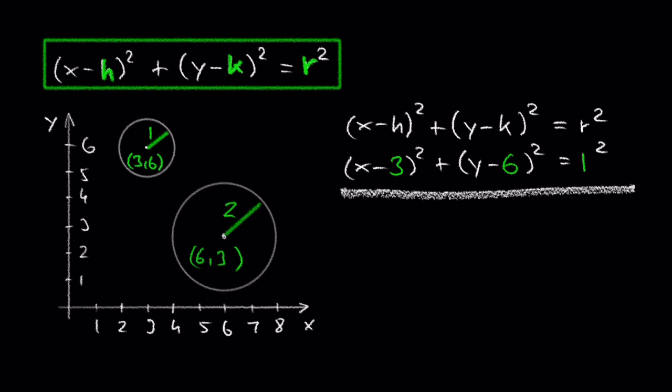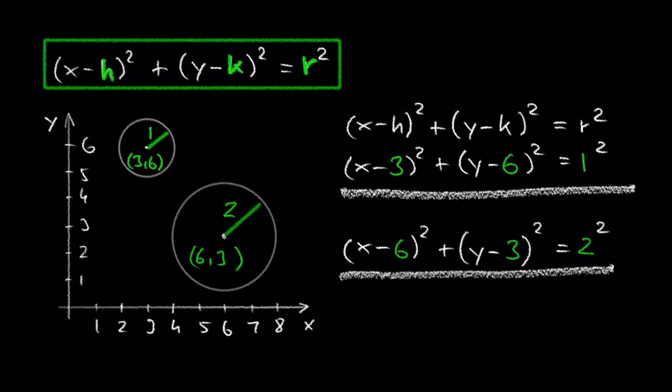So the standard equation of this circle is (x minus 6) squared plus (y minus 3) squared equals 2 squared. And we're done with this problem.